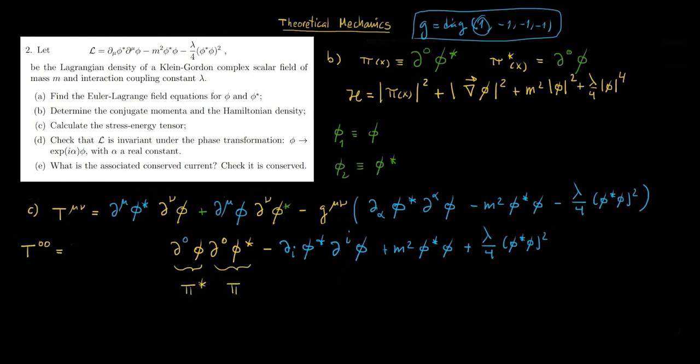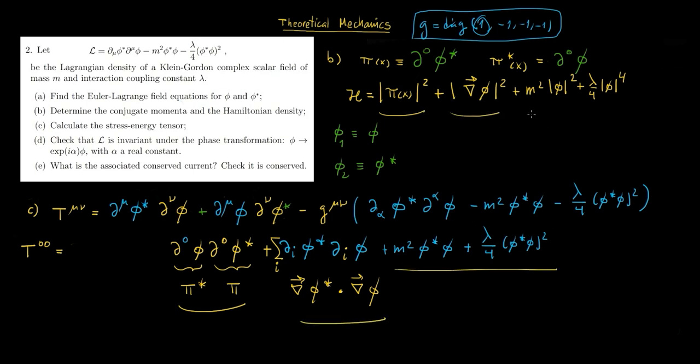And if we lower this index i, we now have to change this sign and put a sum here. So this is again the gradient of phi star times the gradient of phi. So again we recover these terms, and we have the Hamiltonian density as we expected.